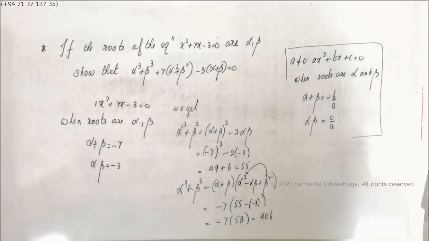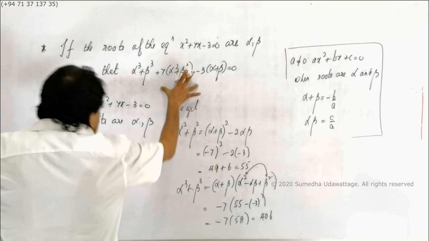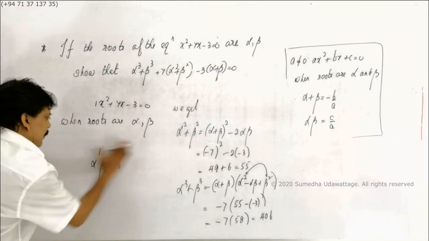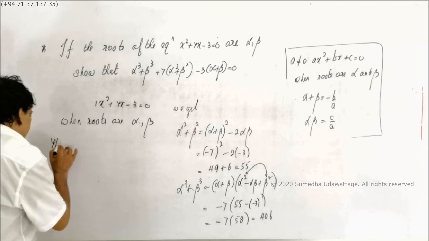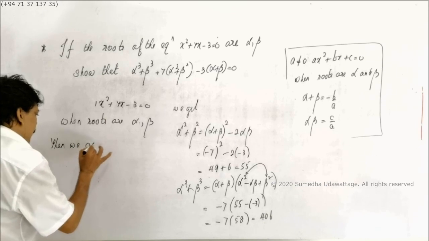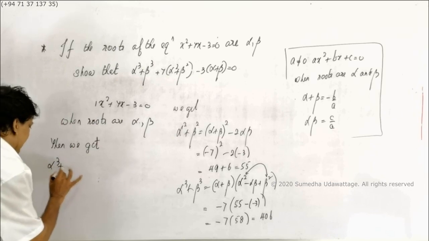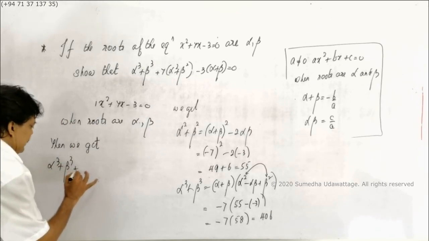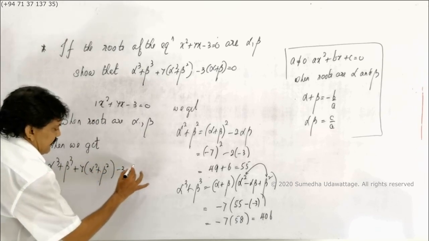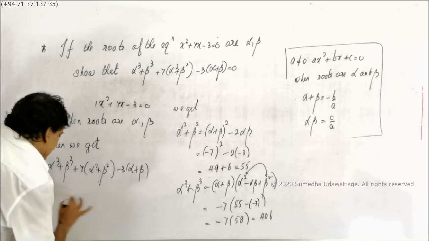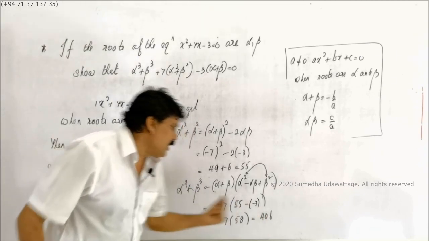Then we'll try to substitute into this expression. We get alpha cubed plus beta cubed plus 7 times alpha squared plus beta squared minus 3 times alpha plus beta is equal to, alpha cubed plus beta cubed was minus 406.